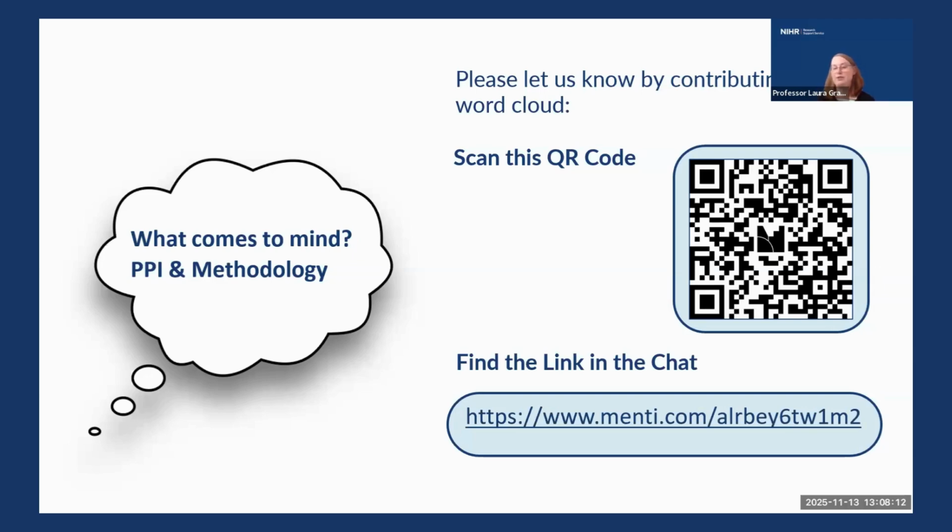I thought it would be really useful just to get a feel for how you see PPI for methods research. So if you scan the QR code on the screen or use the link which Lottie has put in the chat, you should be able to enter a word, and then in a few moments time Lottie will present that word cloud to us and we can see what comes to mind when we think about bringing these two methodologies together.